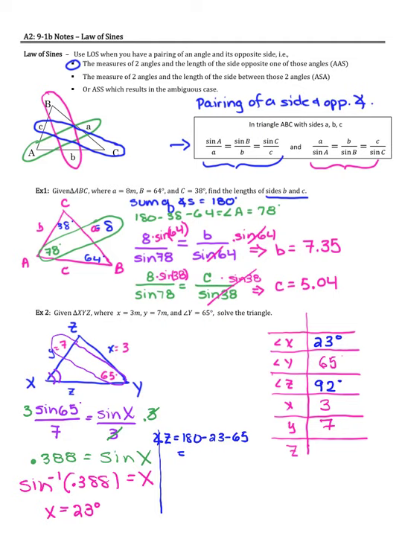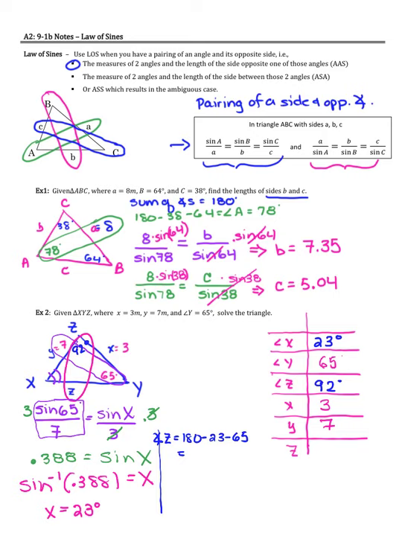All right. So now that I know that angle z is 92 degrees, my last task is to solve for the side z. And again, I can use my law of sines and use the same scale factor we started with. It's always good to use something that was given rather than something you found, just in case you made a mistake.